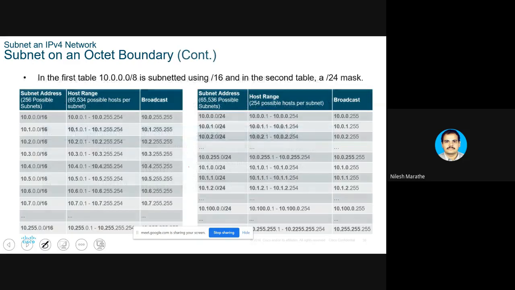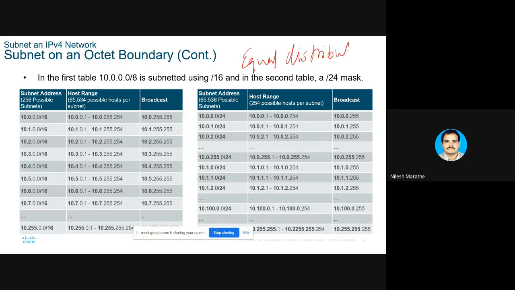So this is one example by which we can have an octet boundary, that is the division in terms of boundary. If we want to divide it equally, that is known as the concept of equal distribution.